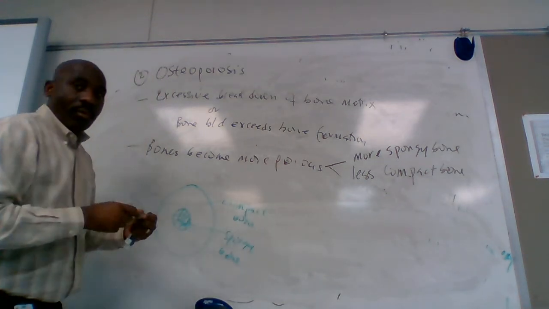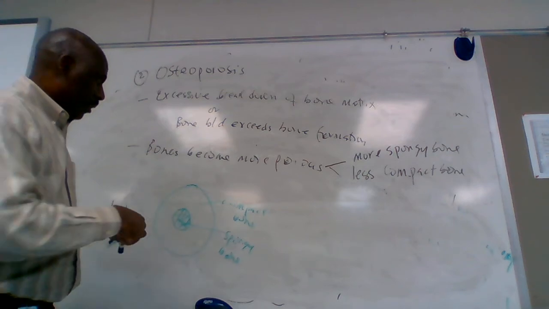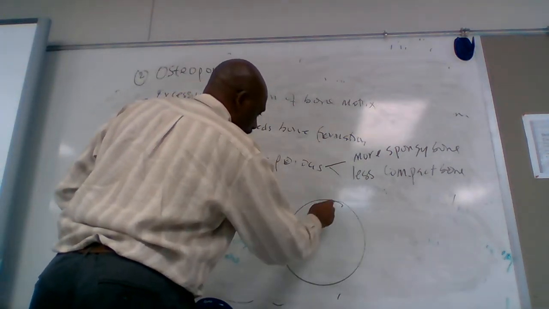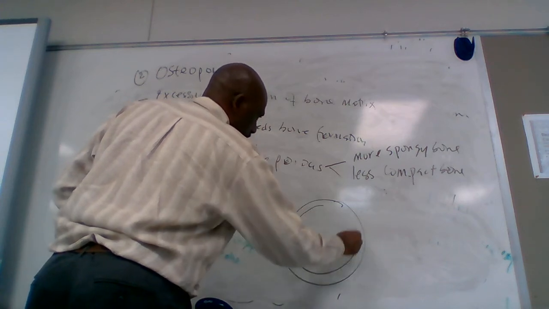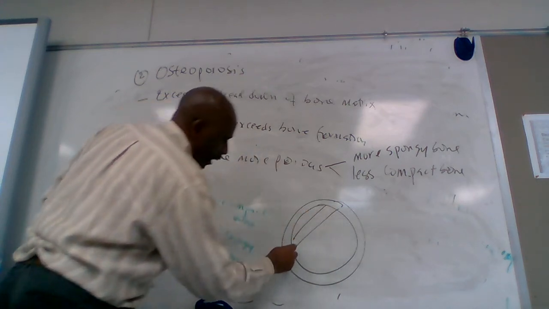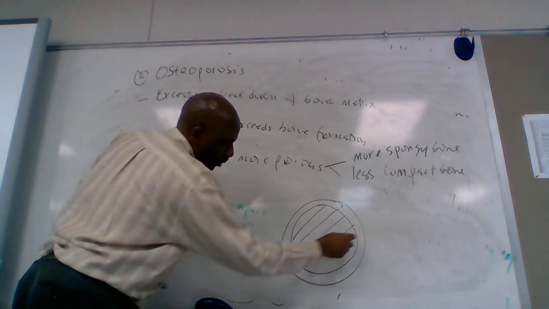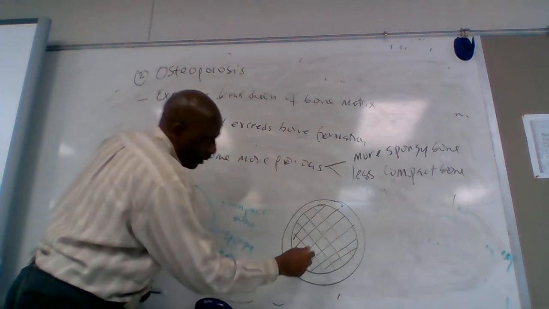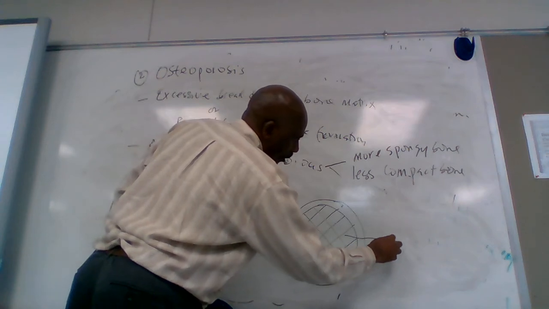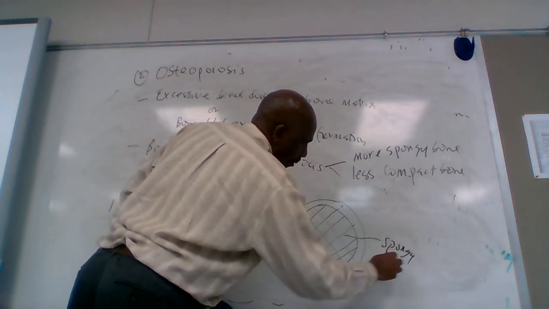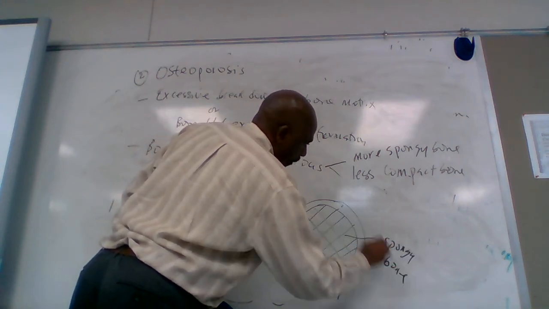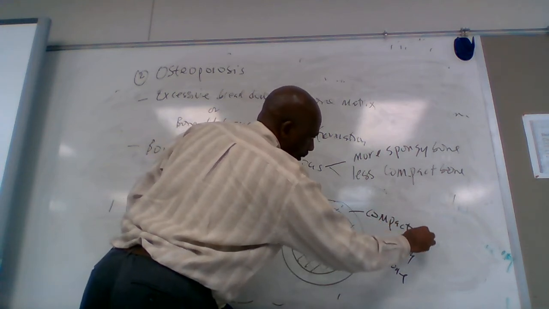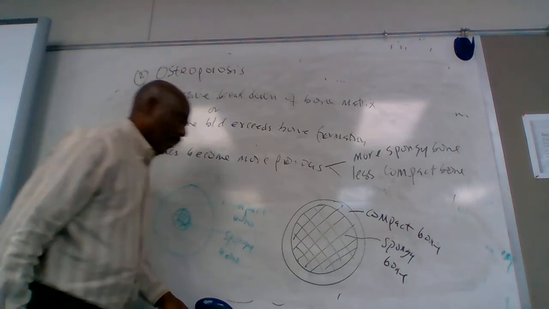Now in the case of osteoporosis, what we'll end up having will be something like this. This might be a little bit of an exaggeration for explanatory purposes only. So here we have spongy bone, and here we have compact bone.